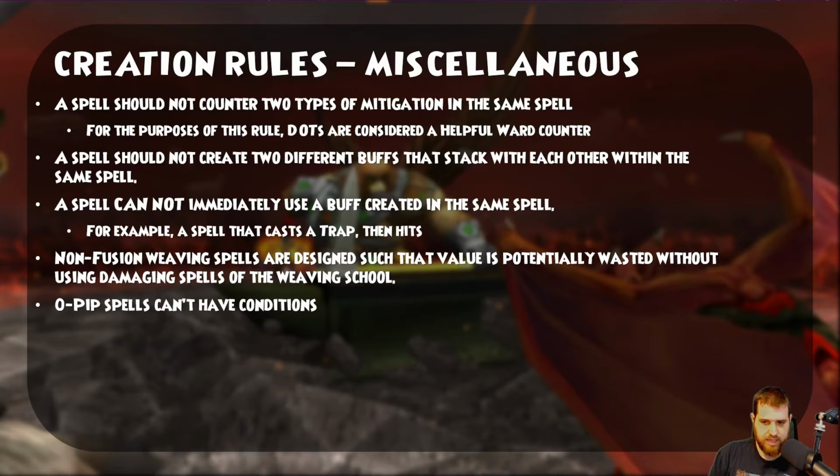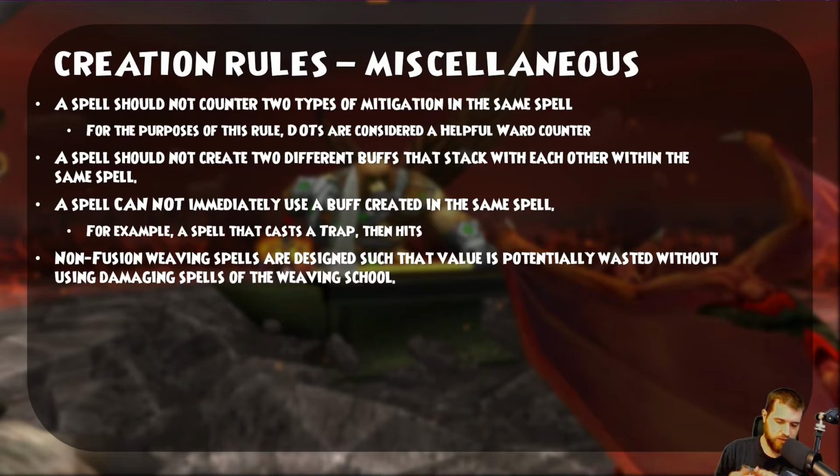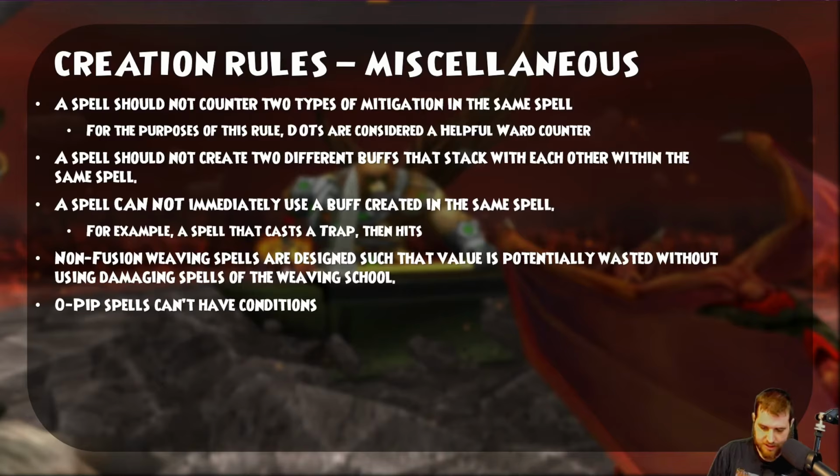And then this is just the last point on this. Some people asked if we could just have shields when you weave into ice. This is why. Okay, 0-pip spells can't have conditions. You'll see later how we come up with conditional value, but it has to do with the pip count. So there's a math thing to it, but also 0-pip spells are kind of their own category of spell.